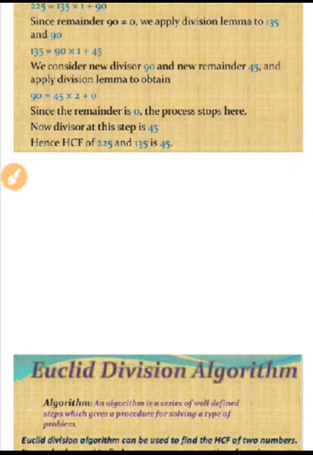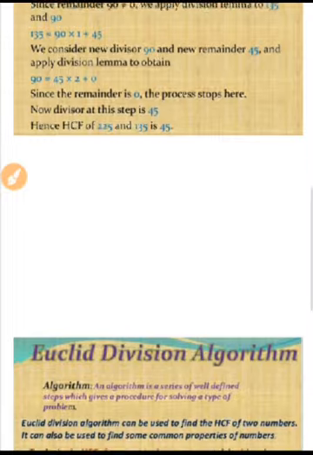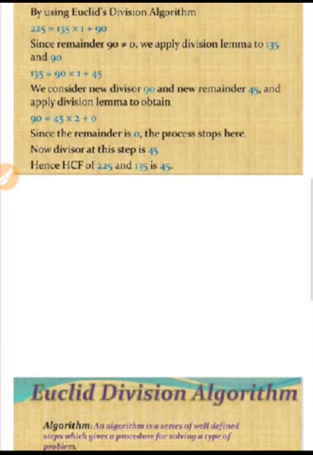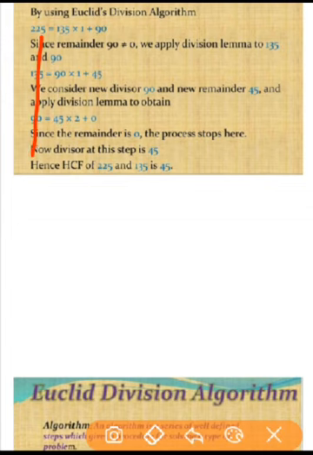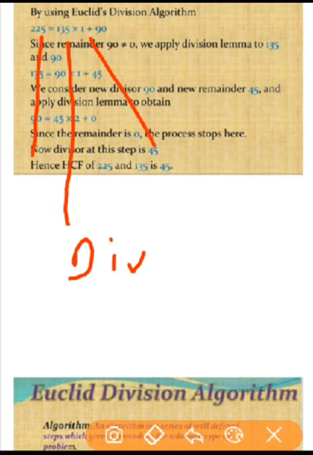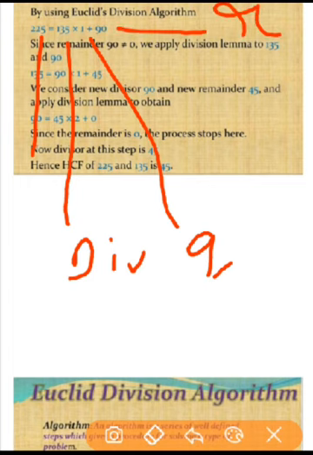Right? What I said? Dividend 225, 135 is the divisor, 1 is the quotient, and 90 is the remainder. Okay, right?